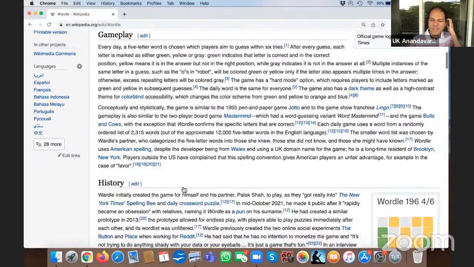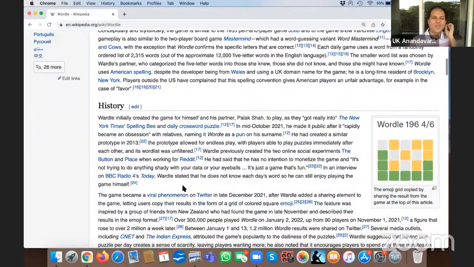But when I put this photo, it did occur to me that there is something here. So Wordle is invented by Wardle, who initially created the game for himself and his partner, Palak, I don't know how to pronounce, but yeah. So the only thing that I wanted to say is, true work is a work of love in all its senses.